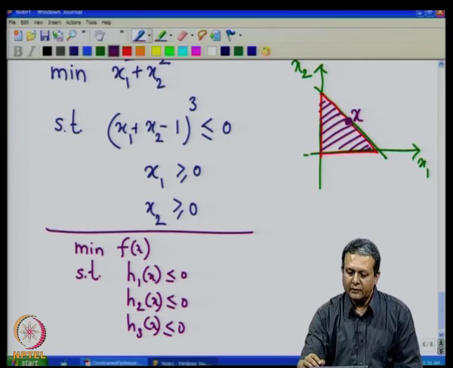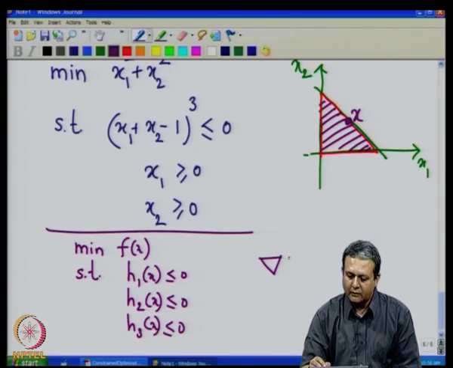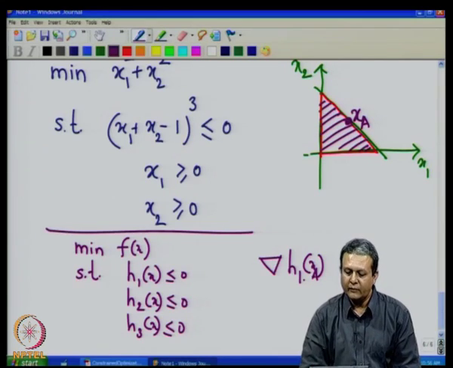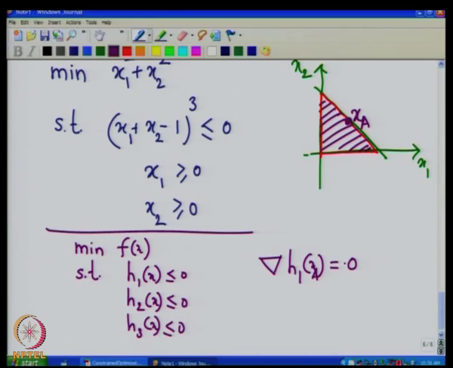Now, at this point, if we take gradient h1 x, so let me call this point x a. So, gradient h1 x is equal to 0, because this point satisfies x1 plus x2 minus 1 equal to 0, and the gradient of this quantity with respect to that will be a 0 vector.